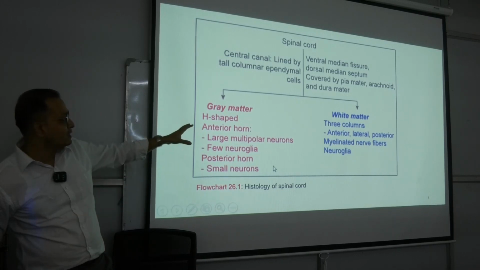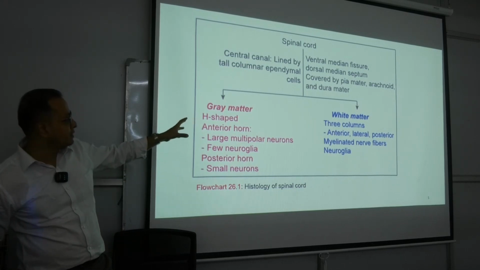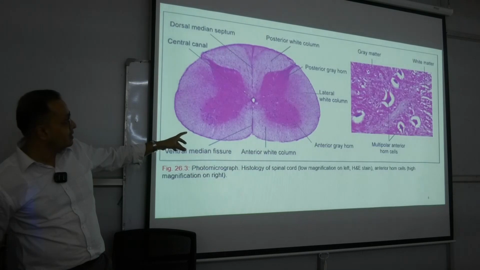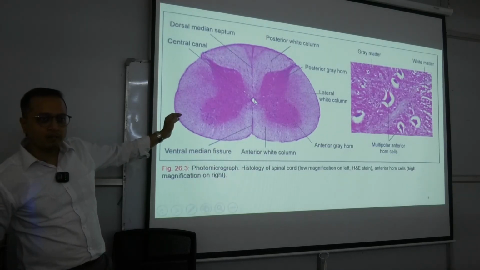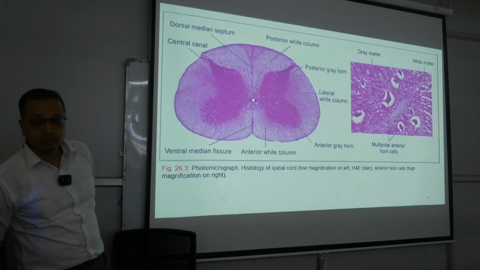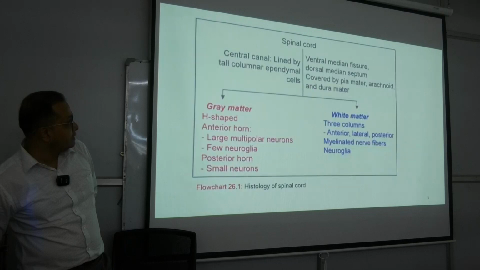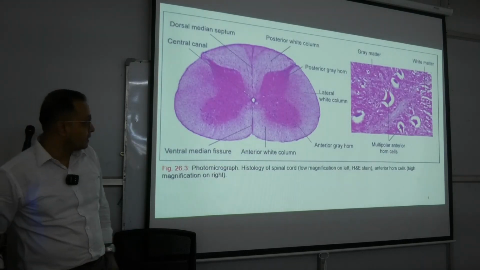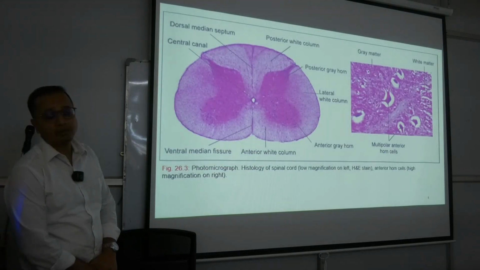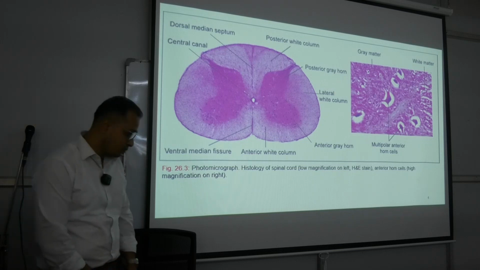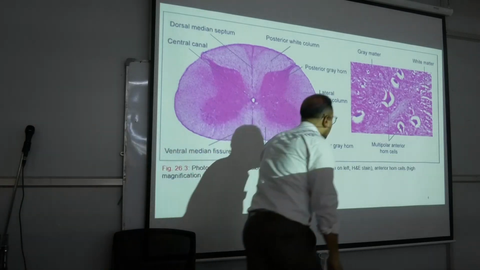So, this is the orientation of gray matter and white matter that you should know theoretically, and how they are disposed. But for us, this hole or slit is the hallmark to identify this tissue whenever you are seeing it microscopically. This element helps us to identify the microanatomy of the spinal cord. It is a very small, precise thing that you are going to identify.